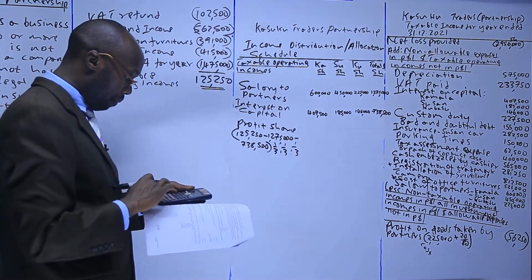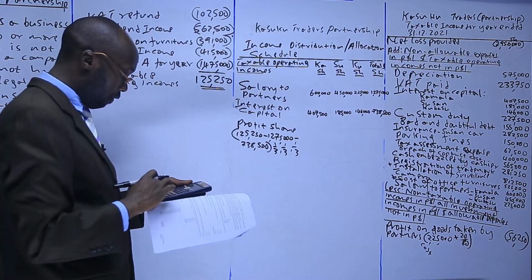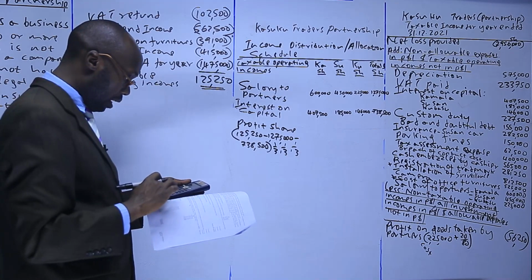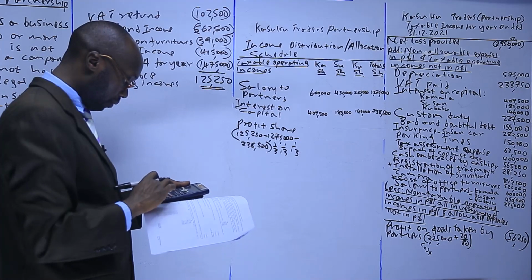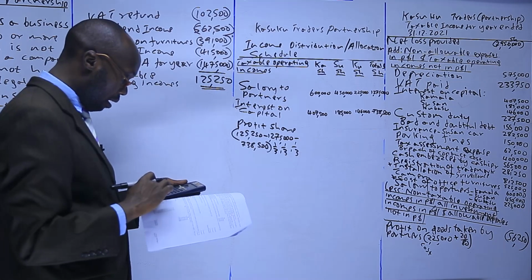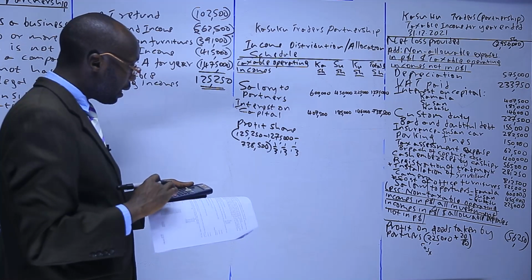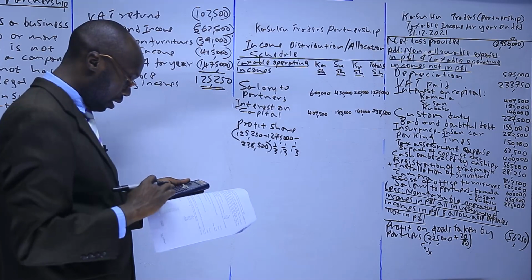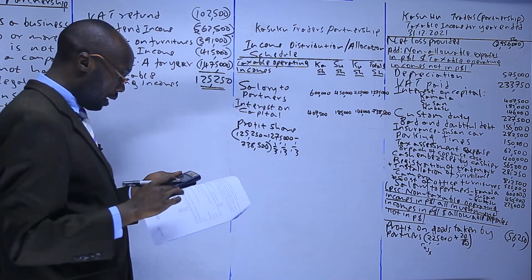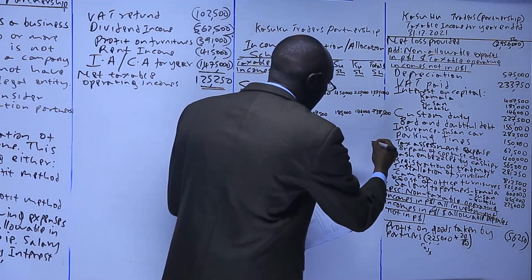We'll start with 1,250,000, and then we minus 1,275,000, and then we minus 738,500. Then we have negative. It will be negative.